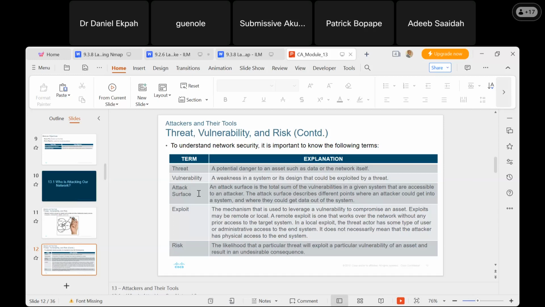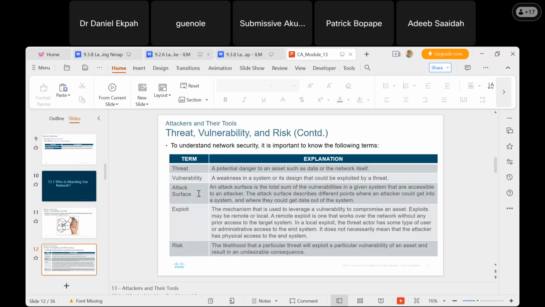Let's look at your house as a typical attack surface. If your door is not strong enough, that is one vulnerability you have created. And if your windows are not good enough, sure.